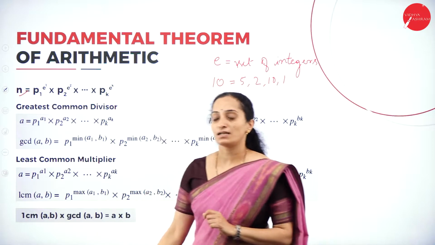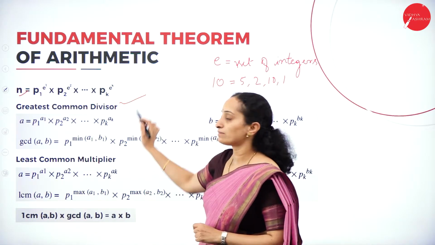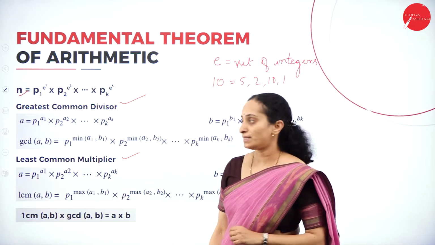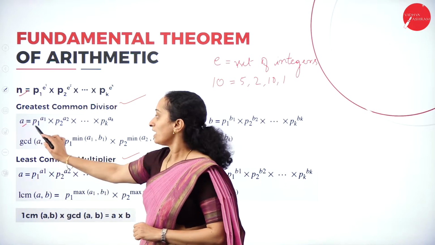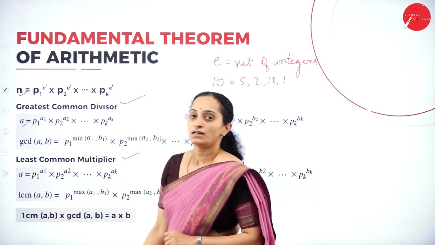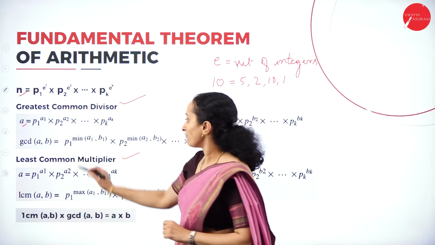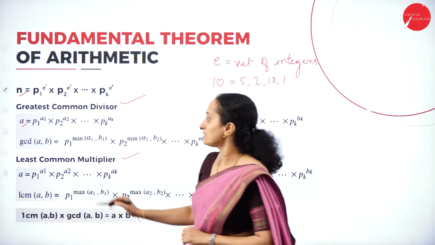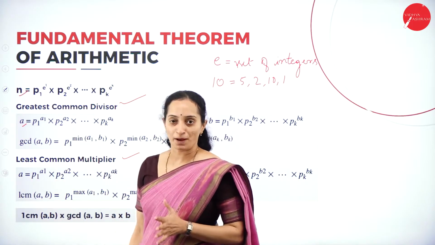This expression can be used to find out the greatest common divisor and the least common multiple. Here we have A equals P1 to the power of A1. A1 is the set of positive integers. P1 are the set of prime numbers.